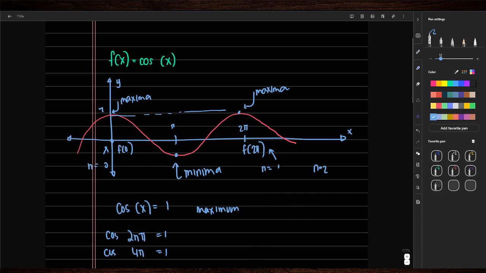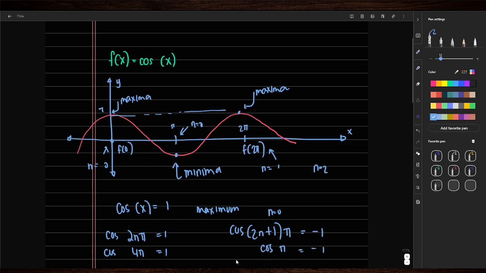So for your minimum values, that is cosine of (2n plus 1) times pi, which is equivalent to -1. So when n is equal to 0, that becomes cosine pi, which is -1.